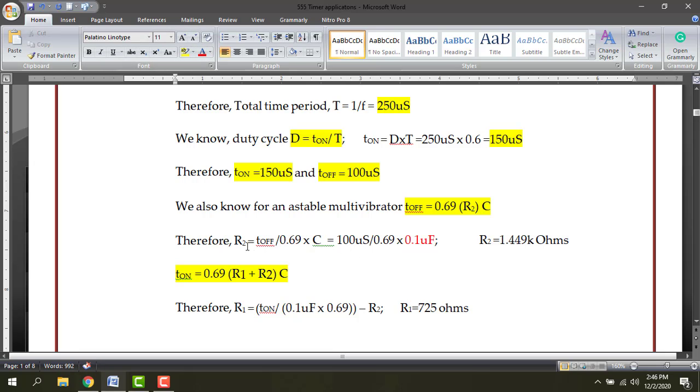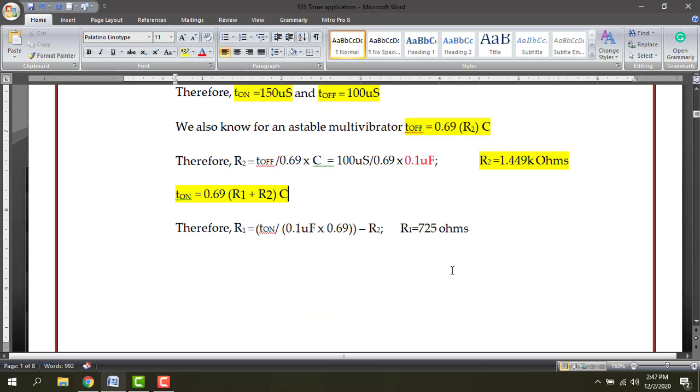Then R2 is equal to the off time, 100 microseconds, divided by 0.69 into the assumed value 0.1 microfarad. Then we get the R2 value as 1.449 kilo ohms.